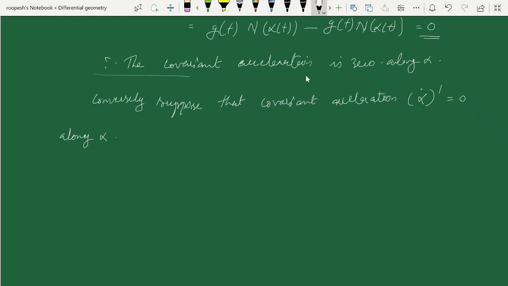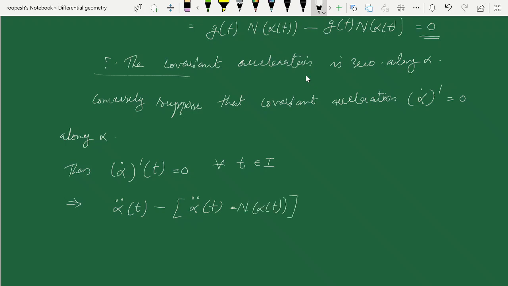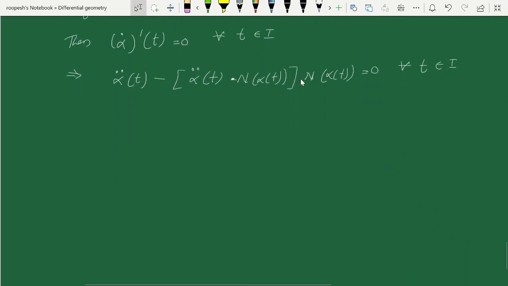Then alpha dot dash of t equals 0 for every t belongs to I, which implies alpha double dot of t minus alpha double dot of t dot n of alpha of t times n of alpha of t equals 0 for every t belongs to I, which implies alpha double dot of t is nothing but alpha double dot of t dot n of alpha of t times n of alpha of t.